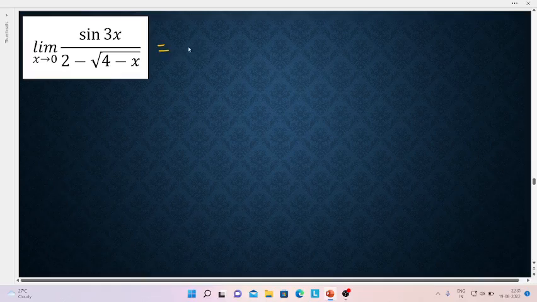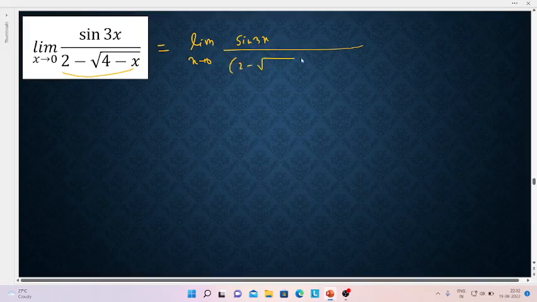So how can I solve this? Basically here you can see we have to rationalize this particular part, right? So if you rationalize this particular part, it will give you 2 minus root under 4 minus x times 2 plus root under 4 minus x.